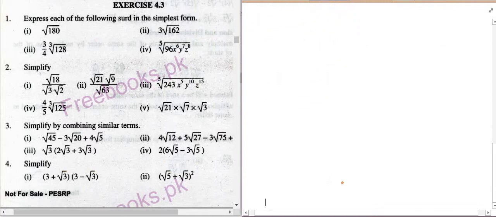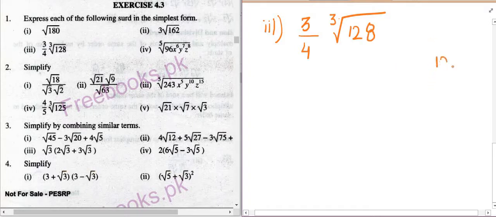Okay, third is 3 by 4 cube root of 128. The order of surd is 3.